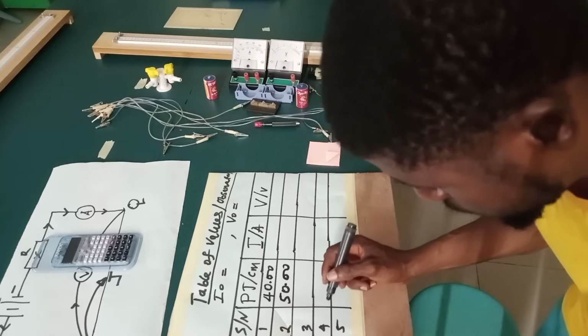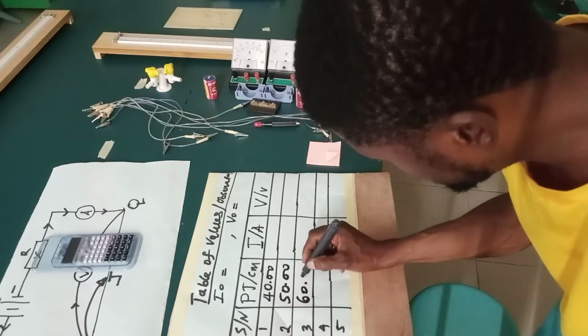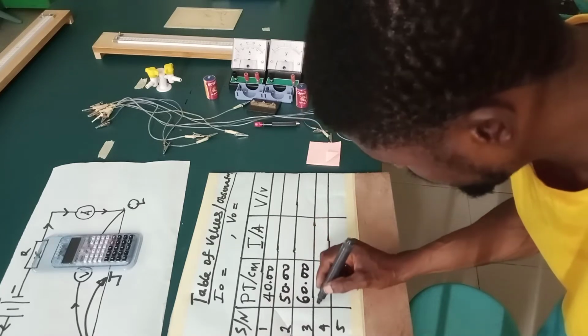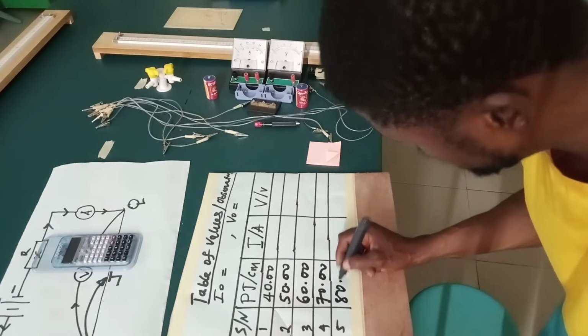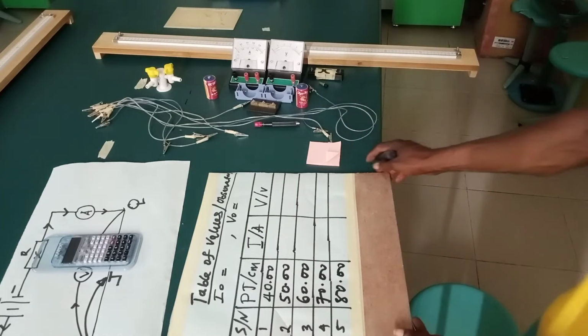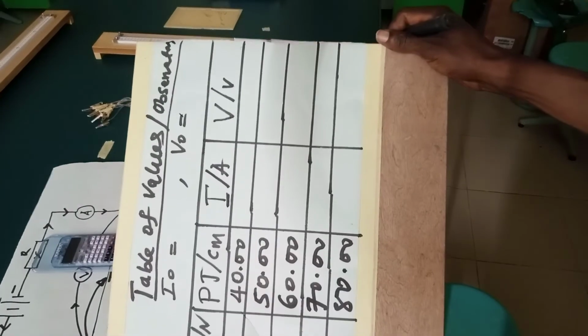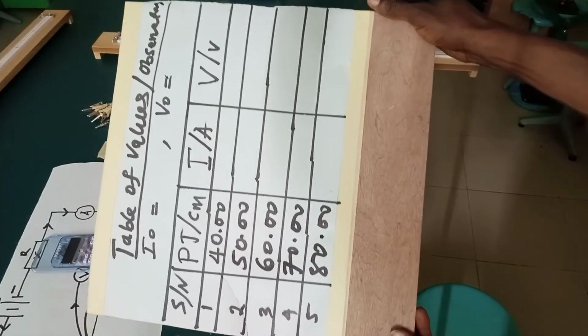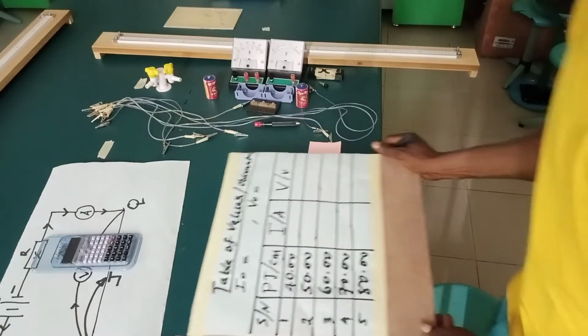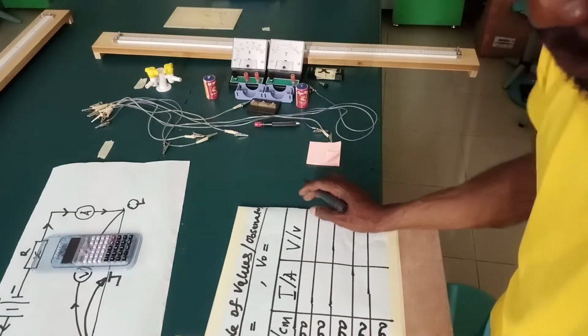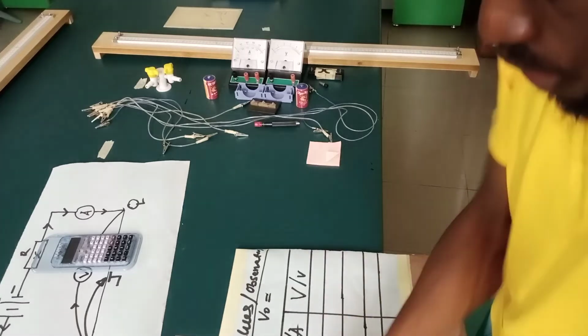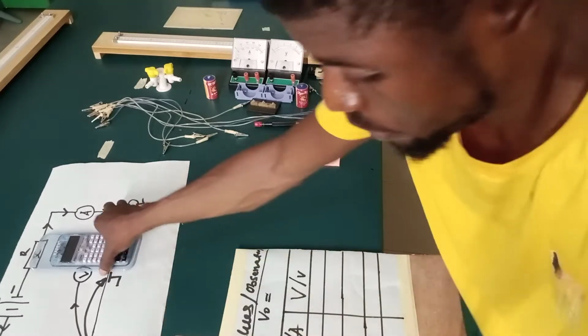We have 60.00. We have 70.00. We have 80.00. So this is what I mean. Good. So let's connect the circuit diagram the way it is supposed to be connected. Then we will start running the experiments.